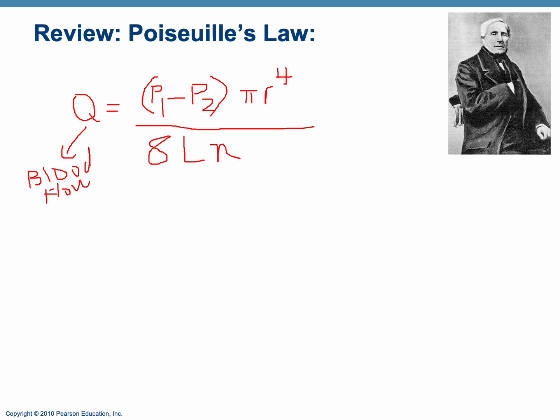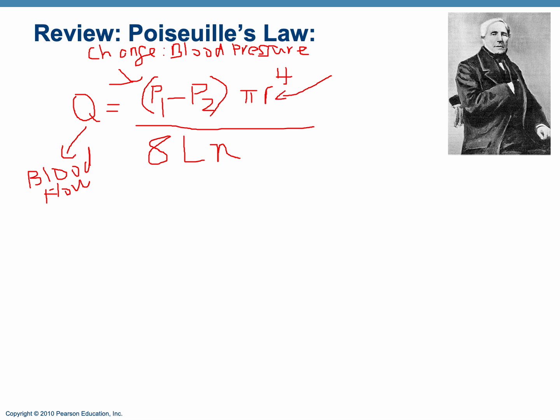P1 minus P2 ultimately is looking at the overall change, so change when it comes to blood pressure. So the change in blood pressure in the blood vessel. So maybe we're looking at an artery, perhaps. So that's what P1 minus P2 is looking at here.